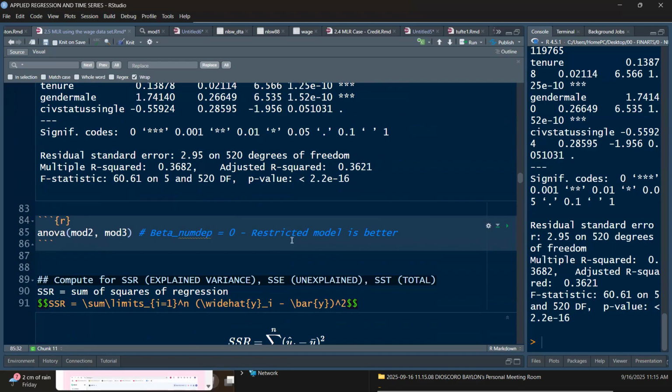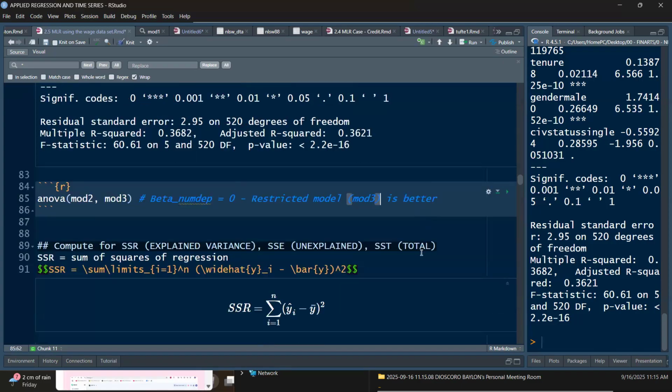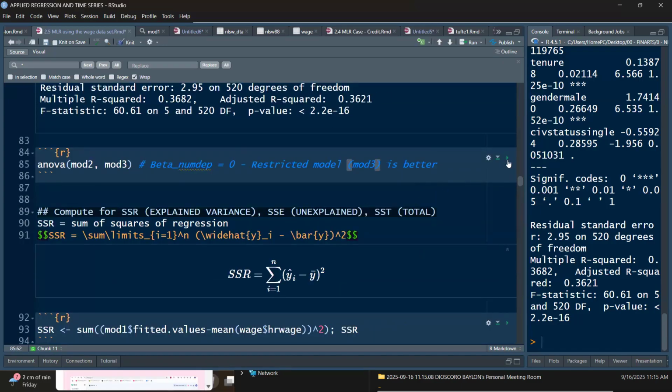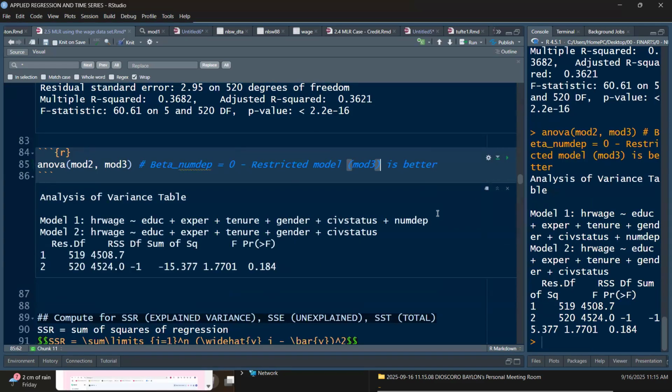So we would like to know if the restricted model, which is model number 3, in this case, is better. Okay, so let's run ANOVA now. Okay, p-value is 0.184. Therefore, we fail to reject the null hypothesis that the restricted model is better.